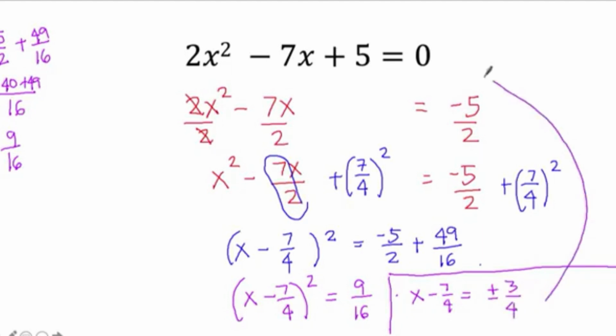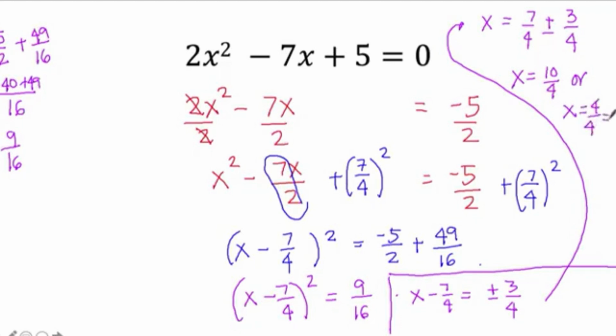So finally, our answer would be x equals positive 7 over 4 plus or minus 3 over 4. And simplifying this, if you take the plus sign, you have 7 plus 3 is 10 over 4. Or, if you take the minus sign, 7 minus 3 is 4 over 4, or 1.